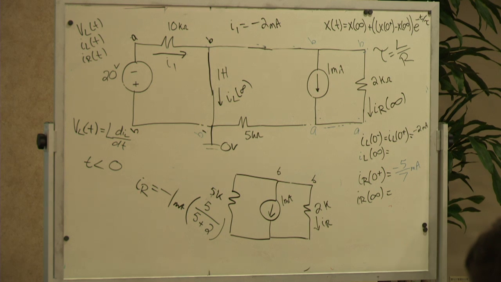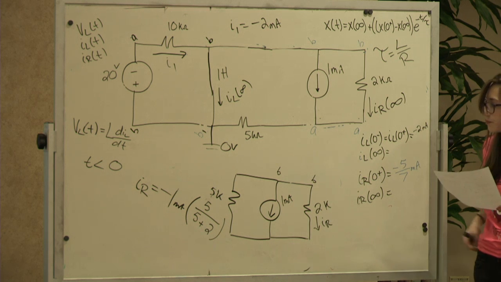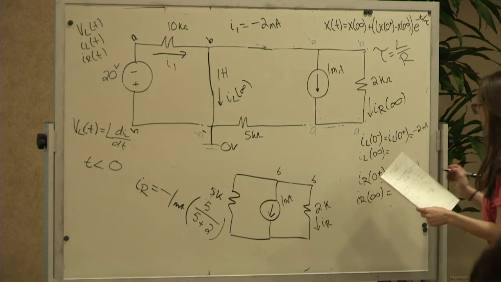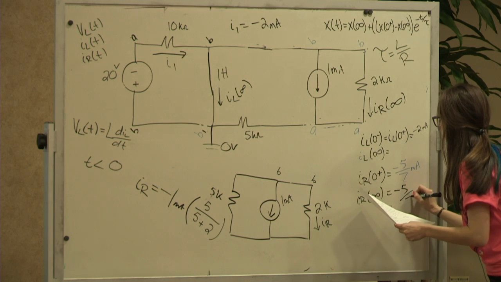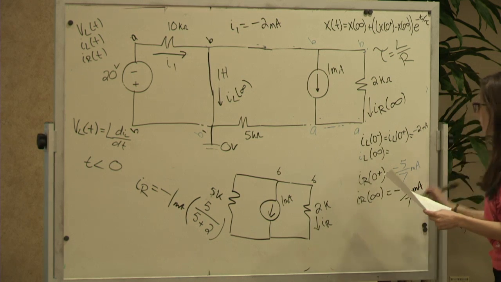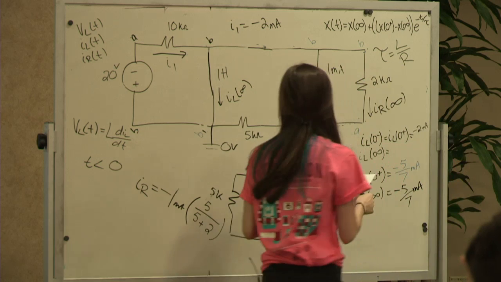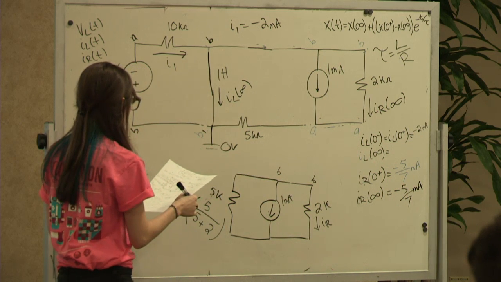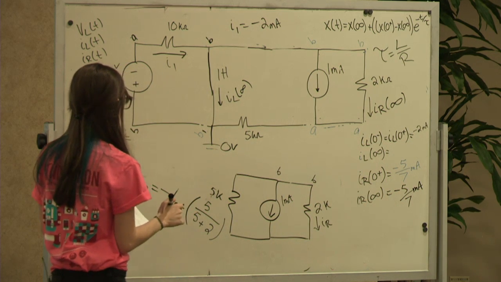Can someone do the math for that and let me know what it is? Is it negative 5 over 7? Yeah? Okay. I did have it, my bad. So it actually stays the same. And then, so we found that.